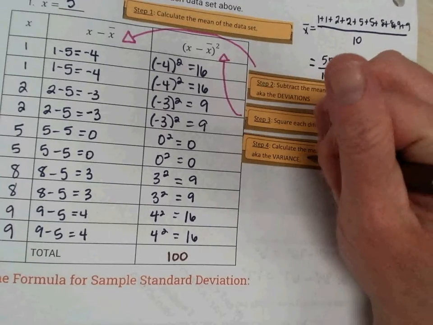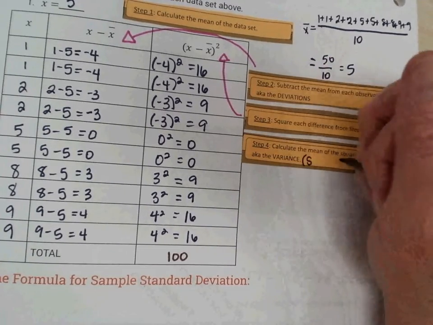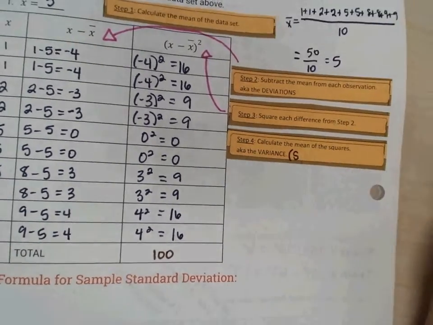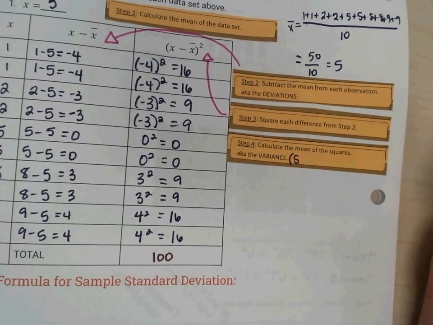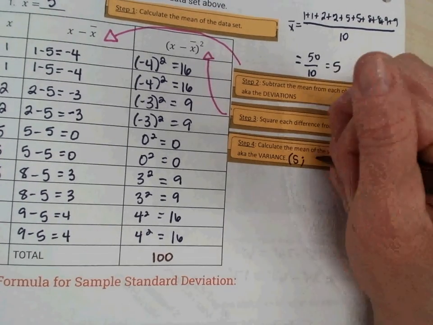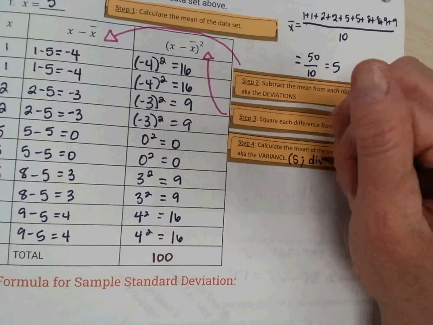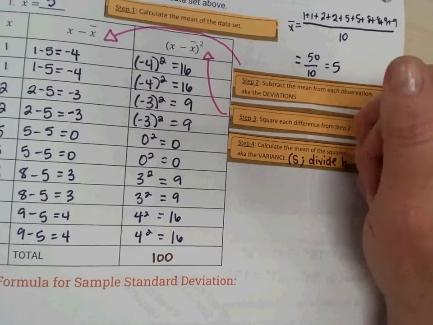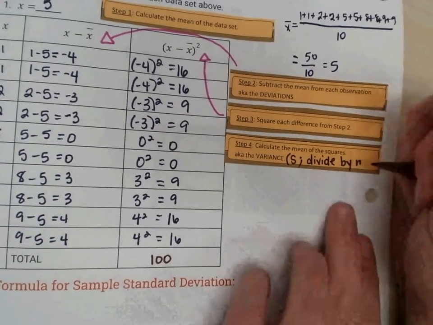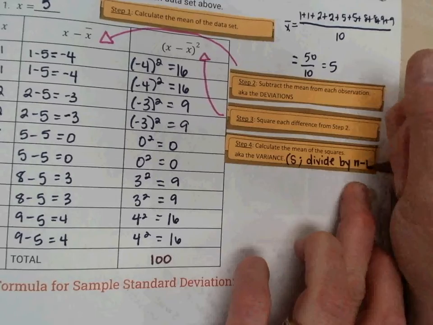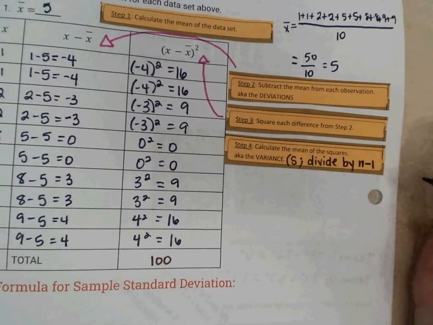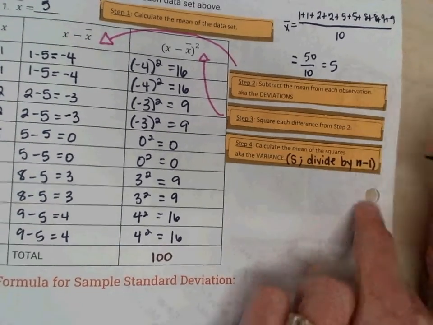The variance uses the letter lowercase s for sample standard deviation, and we're actually going to divide by n minus 1, which is a little funky.